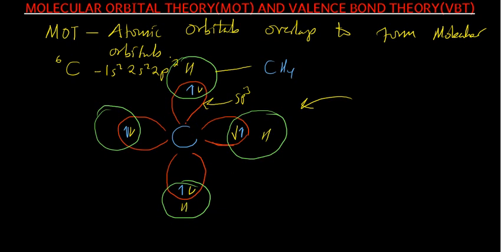Hydrogen has only 1 electron in the outermost shell, and that electron occupies the 1s. So this orbital you can see here is the 1s orbital, which contains 1 electron. The bonds in methane are between the 1s orbital from the hydrogen and the sp3 orbital from the carbon. So this is what happens in the case of methane.